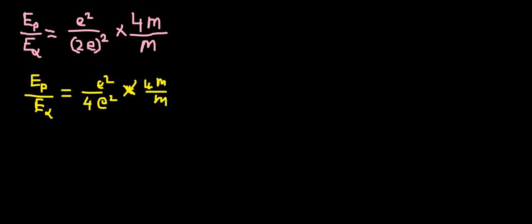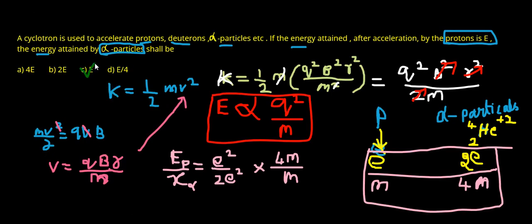So we cancel what can be cancelled: e square cancelled, m cancelled, 4 cancelled, so it's equal to 1 by 1. So the energy acquired by the alpha particles is equal to the energy acquired by the proton. The given energy acquired by the proton is E, so the final answer for this question is also E, that is option C is the correct answer for this question. Thank you.